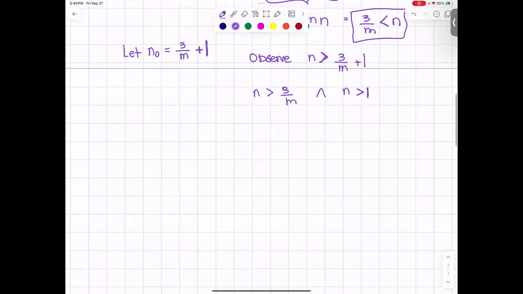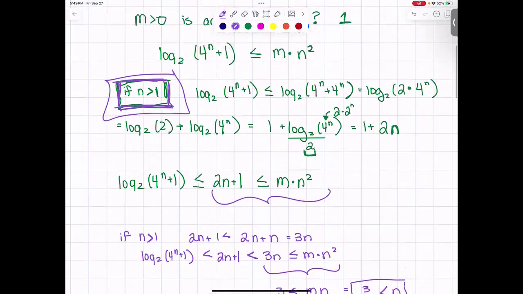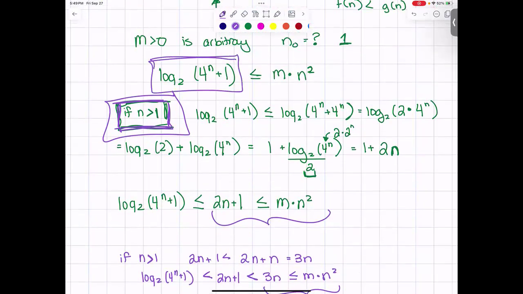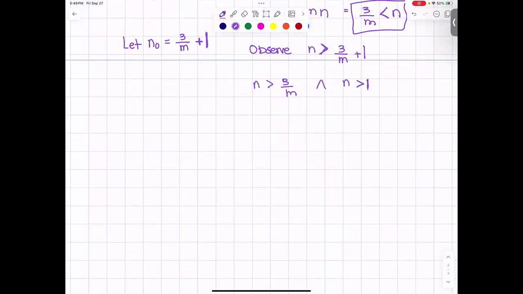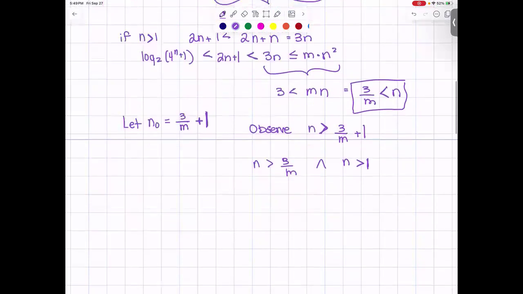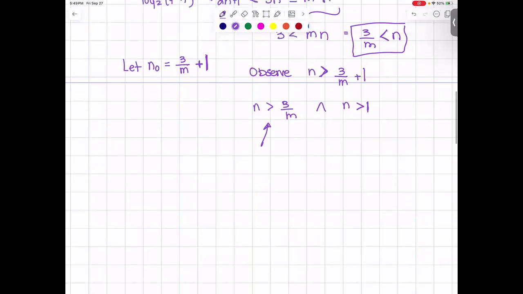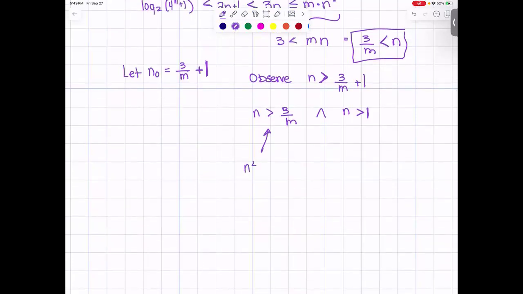So given these two pieces of information, while n is greater than 1, it's true to say that this is going to be less than this. I'm not going to rewrite all of it. And then when n is greater than 3 over m, starting from this, if we multiply an n into both sides, we'd have n squared like this, right?